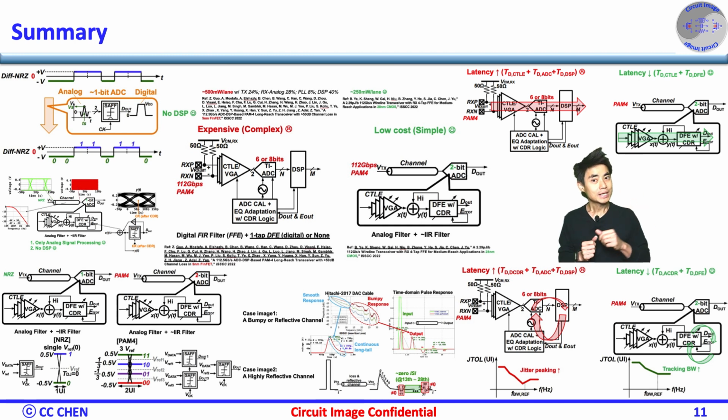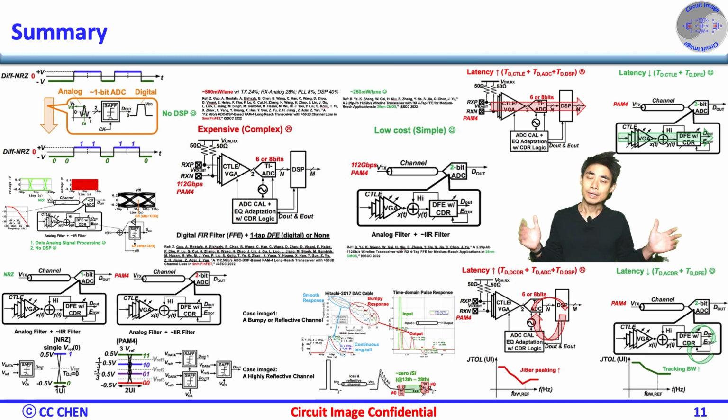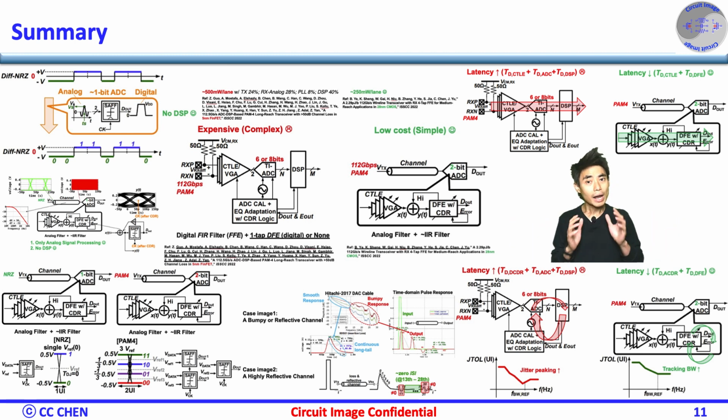Before the PPA discussion, everything is cost-driven. After talking to several CEO, VP, and CTO level managers, to develop a complicated DSP PAM4 RX, we may need to hire a much bigger team than developing the simple analog PAM4 RX.